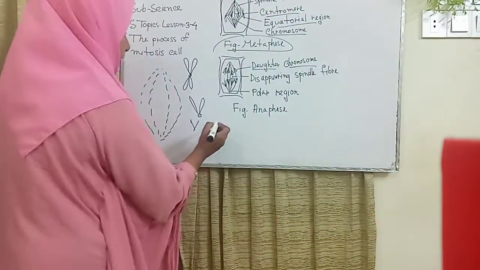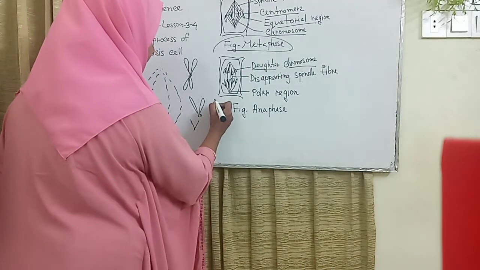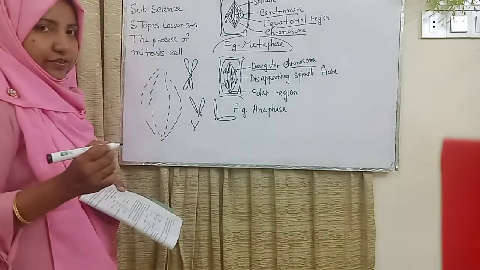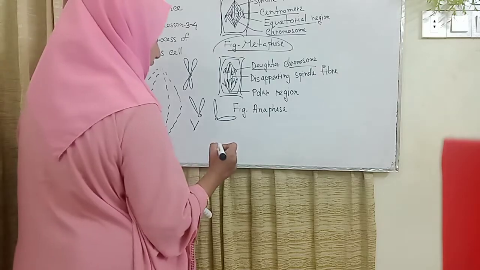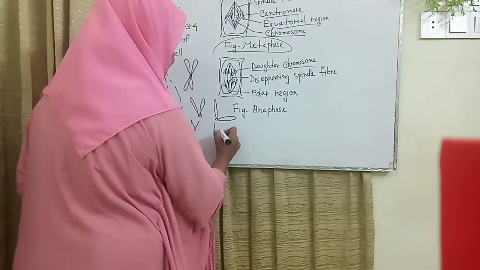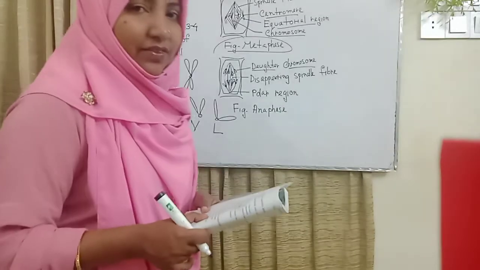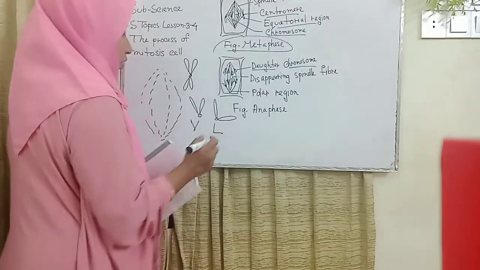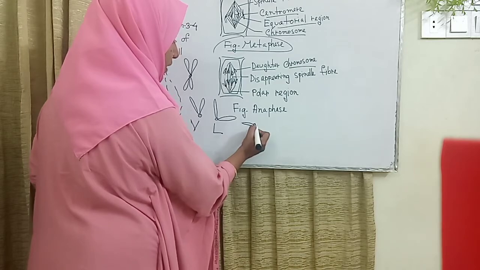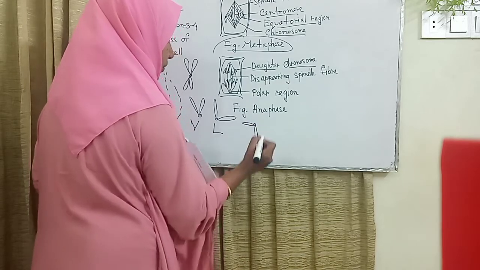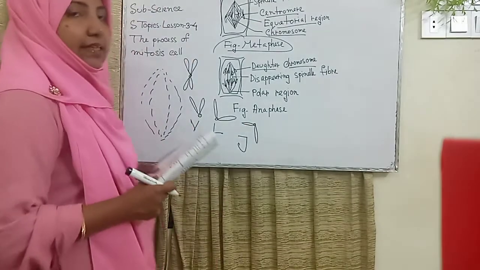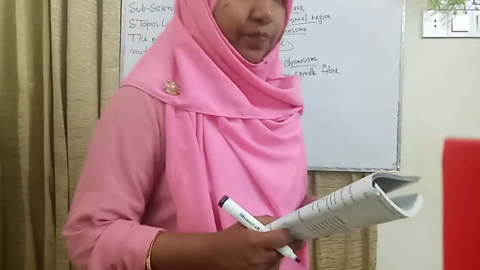When the centromere is positioned like this, with one chromatid short and the other long, the shape is L, and its other name is submetacentric. Once the centromere is near the end, with one chromatid and another chromatid, the shape is J, and its other name is acrocentric.